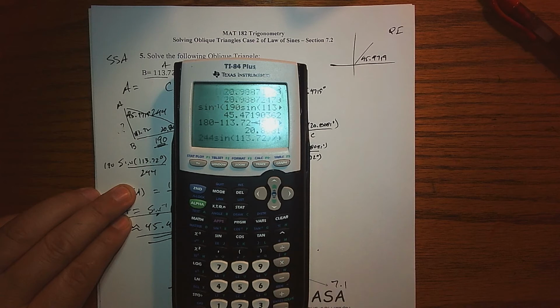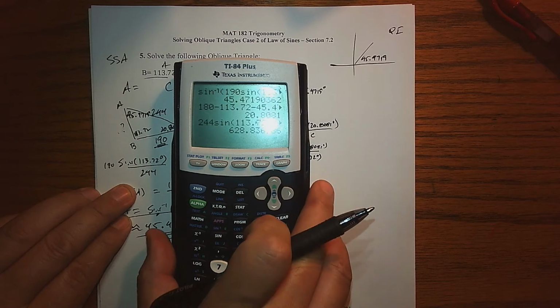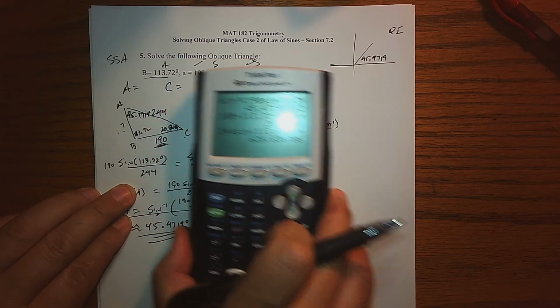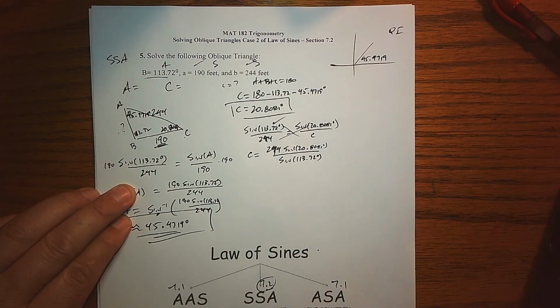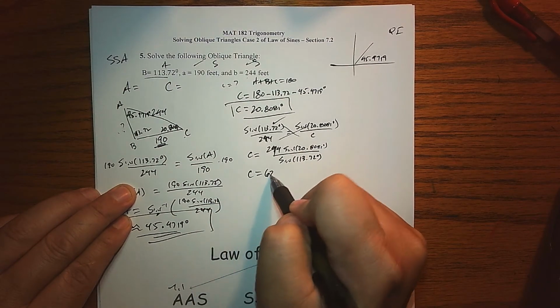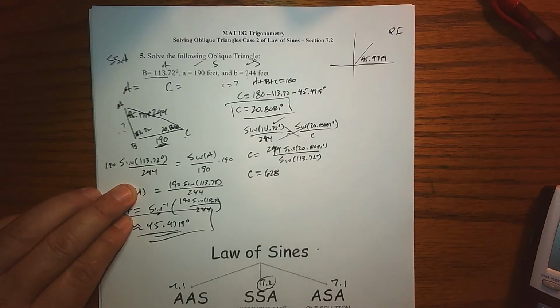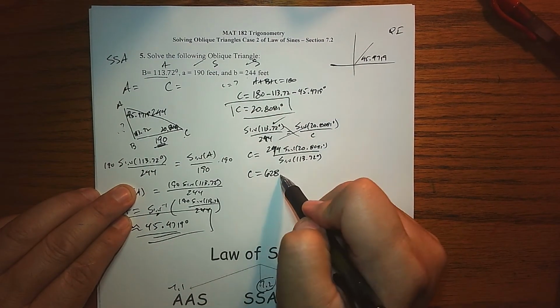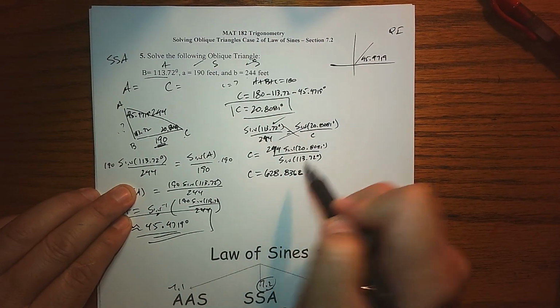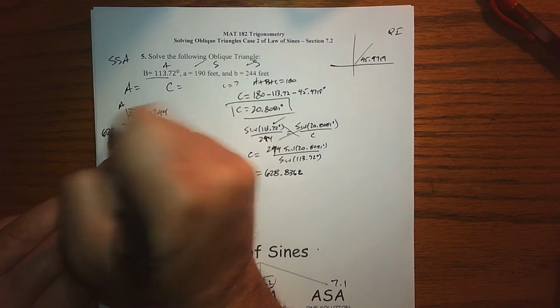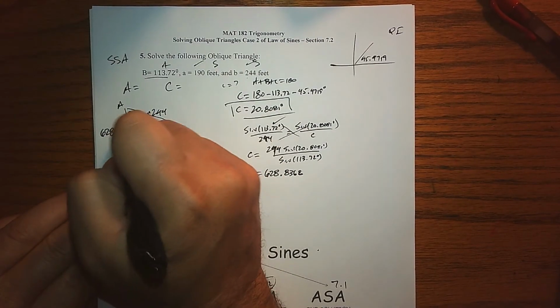And so our side C is 628.8368. So C is 628.8368.